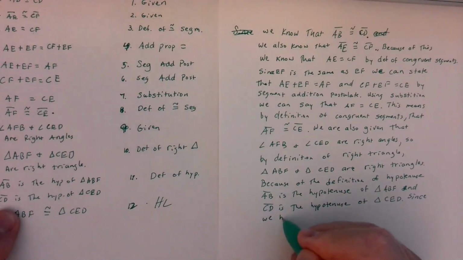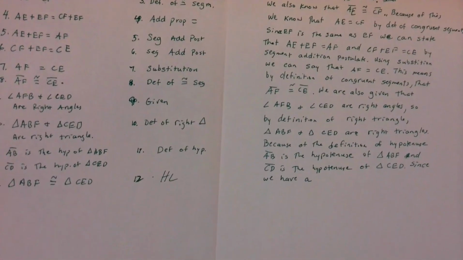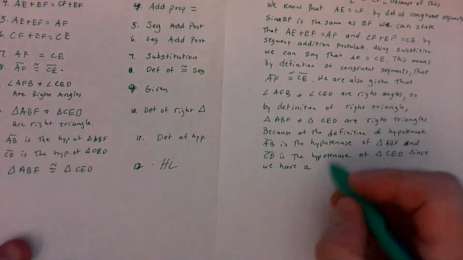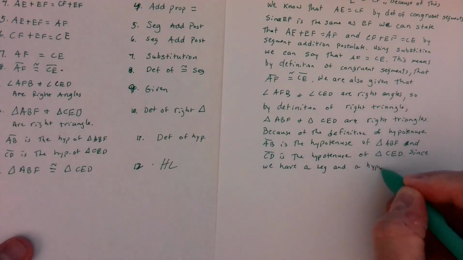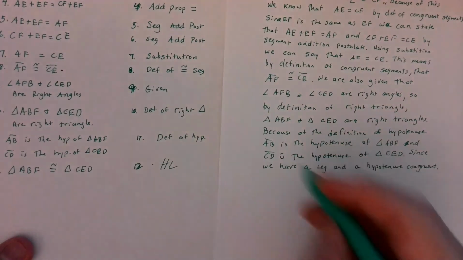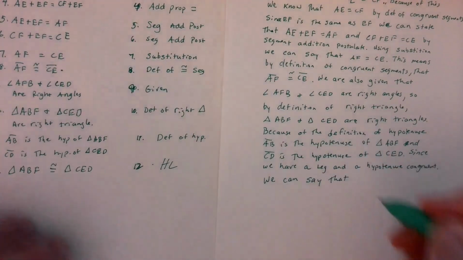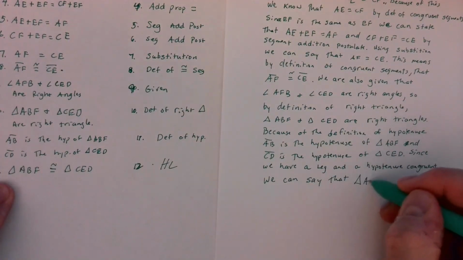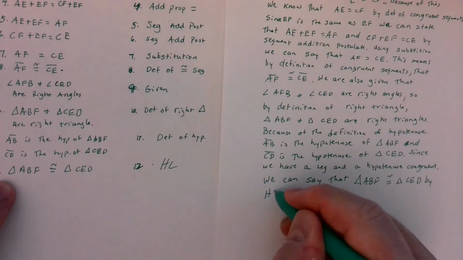Since we have a leg and the hypotenuse congruent, we can say that triangle ABF is congruent to triangle CED by hypotenuse leg theorem.